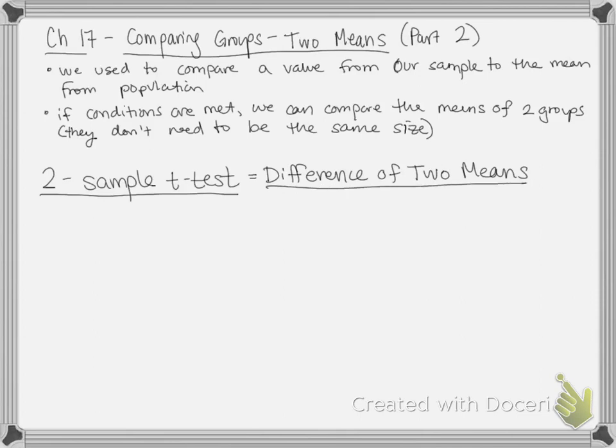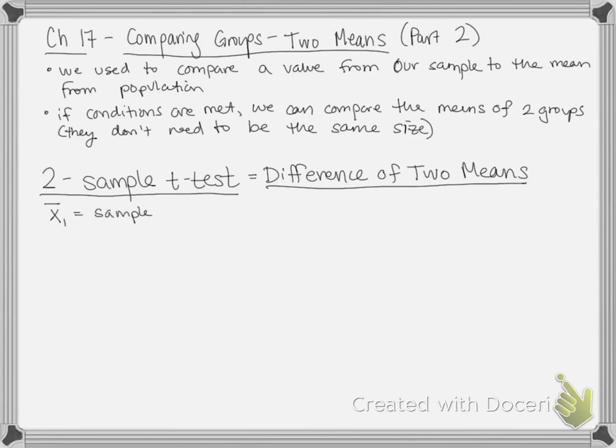So I just want to make sure that we're clear on the information that we're going to be given here. Just like before, when we had a t-test, we could be given data or statistics. I'll refer to that later when we talk about what we're doing in the calculator. But I want to give you a few notes. The first sample mean is going to be referred to as X bar 1.